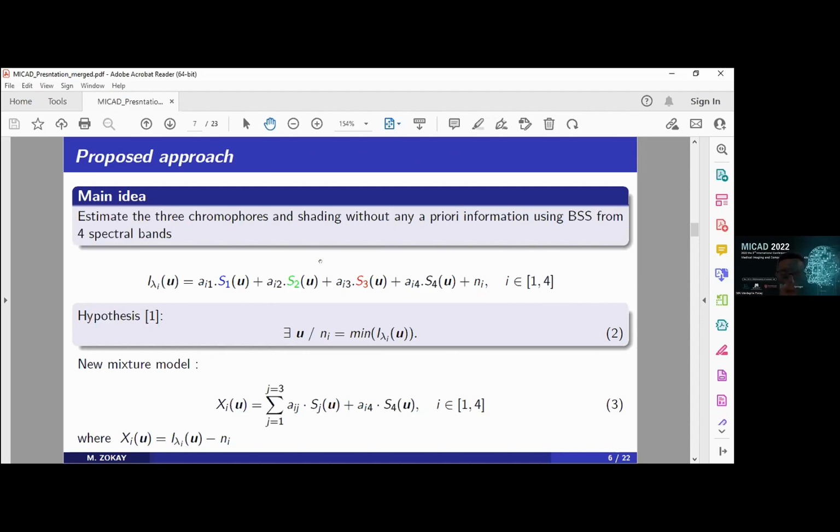We suppose that there is a pixel where the distribution of the three main chromophores and shading are zero. So we can write the new mixing model as X of u equal to a combination of the three chromophores plus S4, which is the shading.